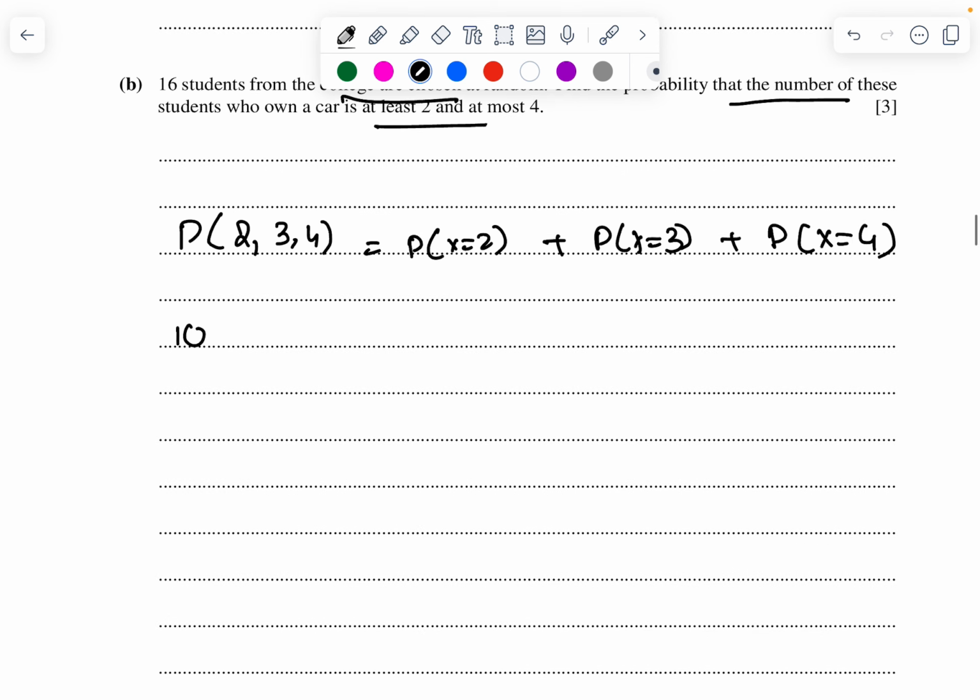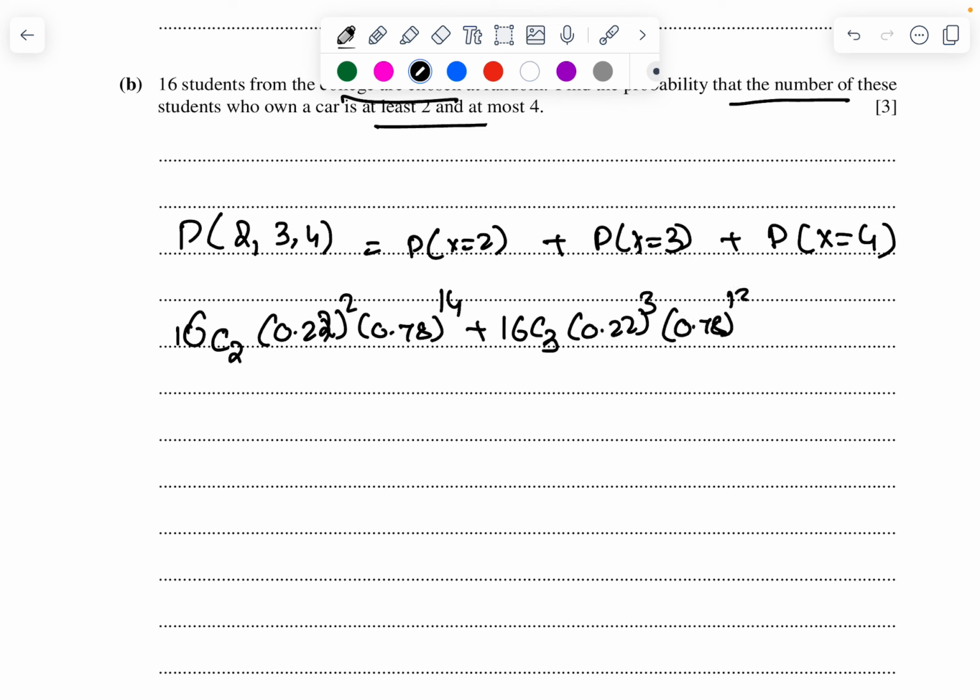So 16C2 times 0.22 to the power of 2 times 0.78 to the power of 14, plus 16C3 times 0.22 to the power of 3 times 0.78 to the power of 13, plus 16C4 times 0.22 to the power of 4 times 0.78 to the power of 12.